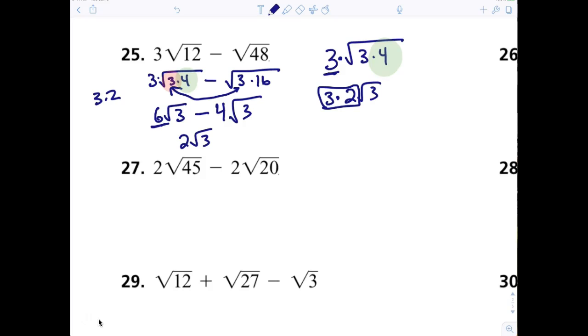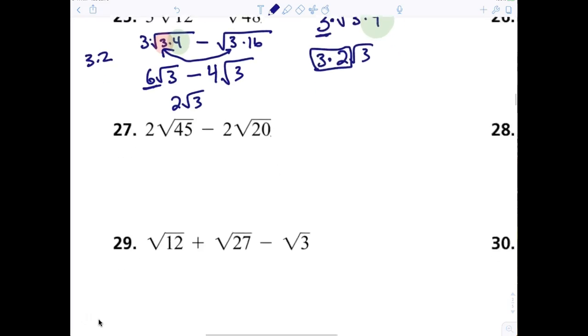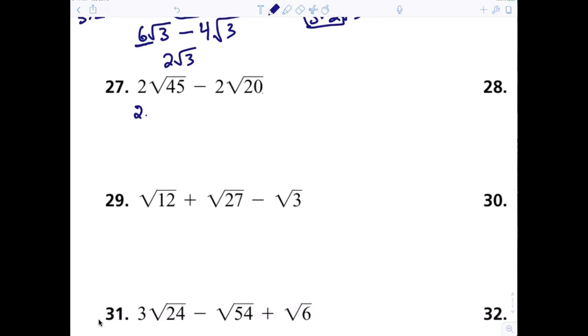You're up. Number 27. So 45 is what? 9 and 5. Good. And then 20 would be 10 and 2. No, 5 and 4. Right, because 10 and 2 aren't perfect squares. And then you get 9. What's the square root of 9? 3.